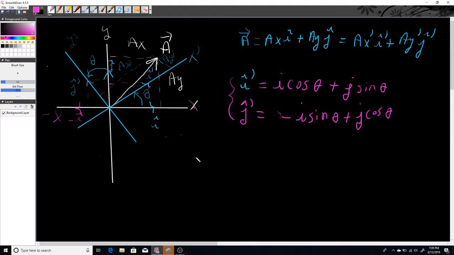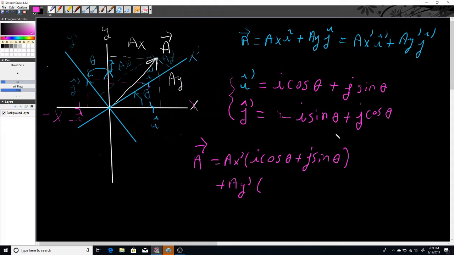So we can rewrite our vector, and this time we write it with a of x prime times, instead of i prime, this vector here: i times cosine of theta plus j times sine of theta, and plus a of y prime times this, instead of just a regular j prime.